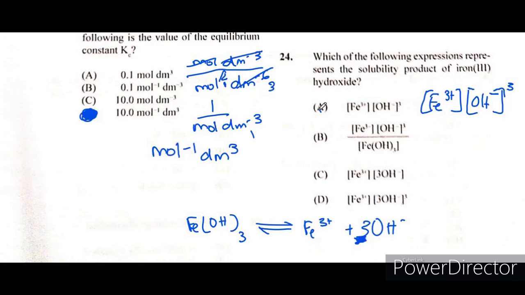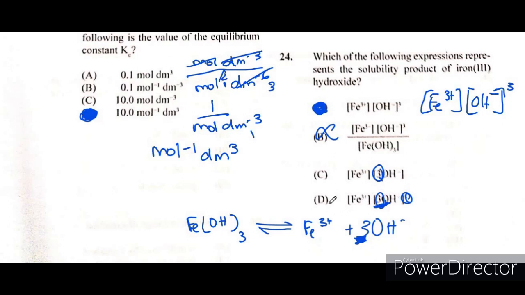So 24 is A. Let's see why the others couldn't be. Again, they put the 3 here, they put the 3 here, so that's what's making it not work. The 3 here is correct, but we can't use it because the 3 is here as well. So D and C are incorrect.